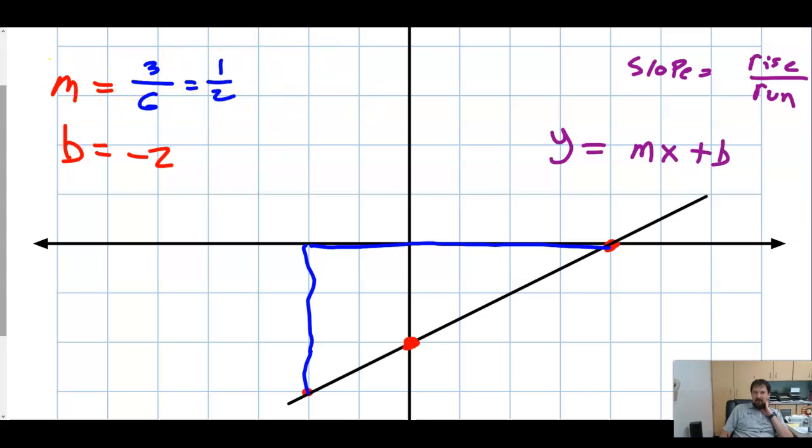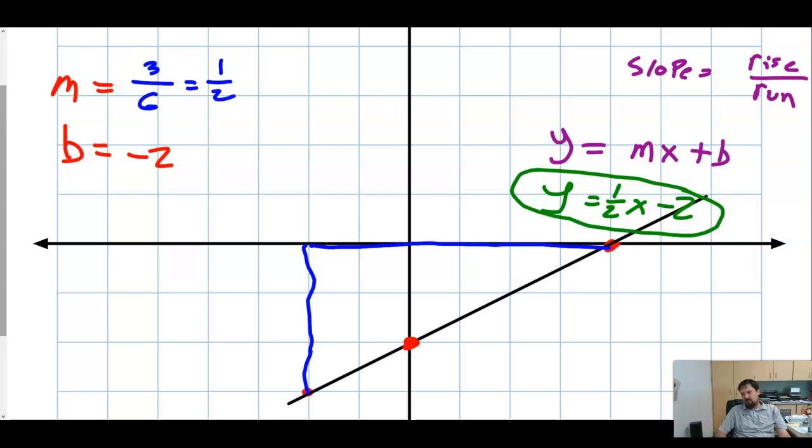So now I have my m and my b, so I'm just going to plug it into my equation. Okay, so we have y equals, the m is 1/2 x, and my b, so plus b, however my b is negative, so I'm just going to say minus 2. Now if my b was positive, like a positive 4, I would put plus 4 here instead of a minus 2. And that's how I find my equation in slope-intercept form.